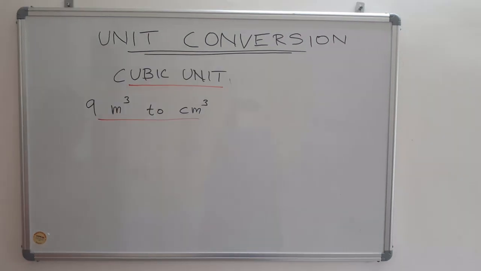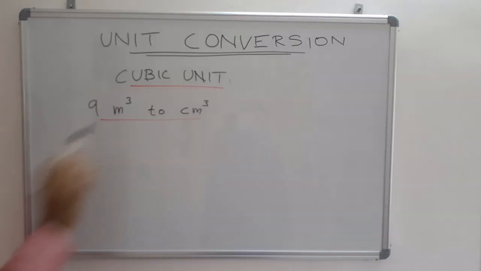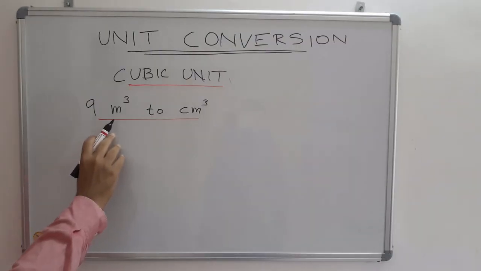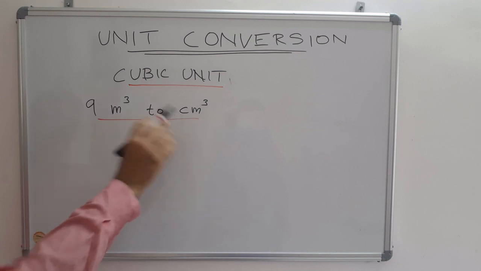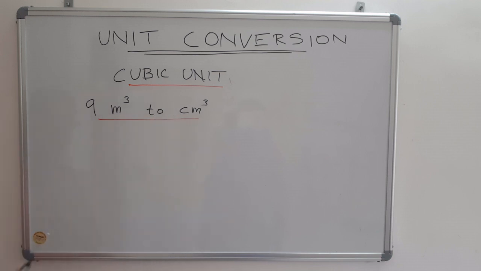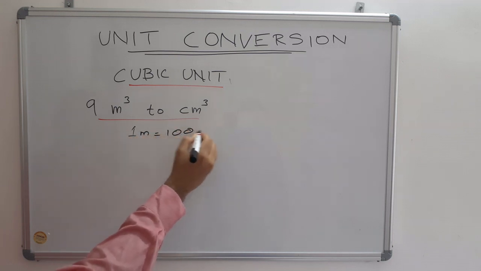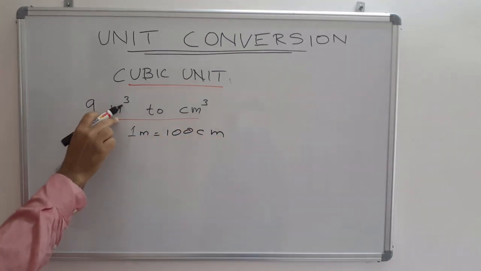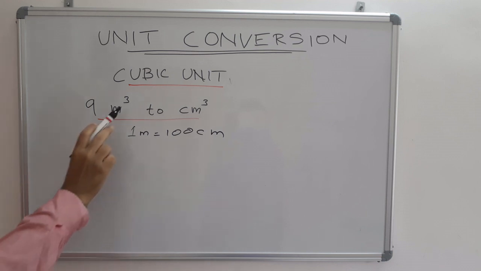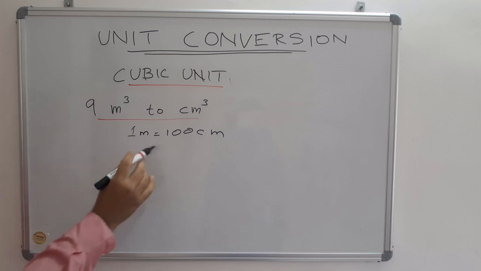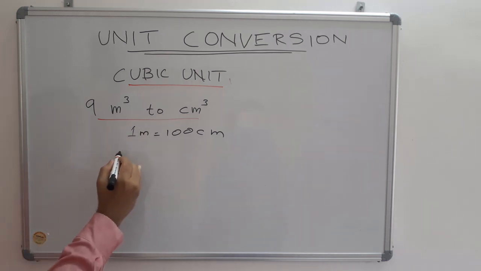Now we will discuss about the conversion of cubic unit. We have an example here. We need to convert 9 meter cube to centimeter cube. So in this case also, we need to write what is one source unit equal to the target unit. That is, we know that 1 meter is equal to 100 centimeter. Since it is the conversion of cubic unit, we have to do it thrice, 3 times to get the cubic unit conversion factor.